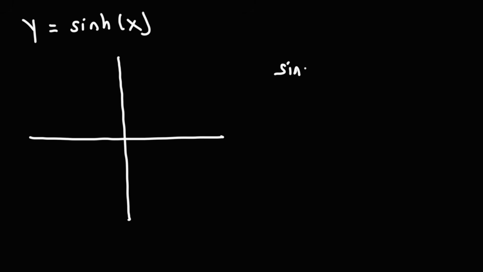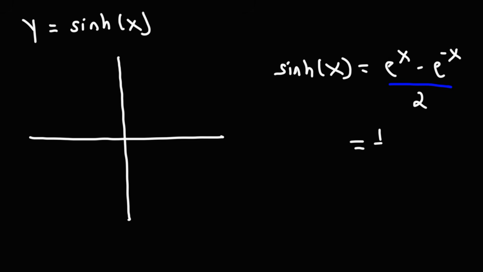Now, hyperbolic sine is a combination of two exponential functions. It's e to the x minus e to the negative x divided by 2. So think of it as being 1/2 e to the x and then minus 1/2 e to the negative x.